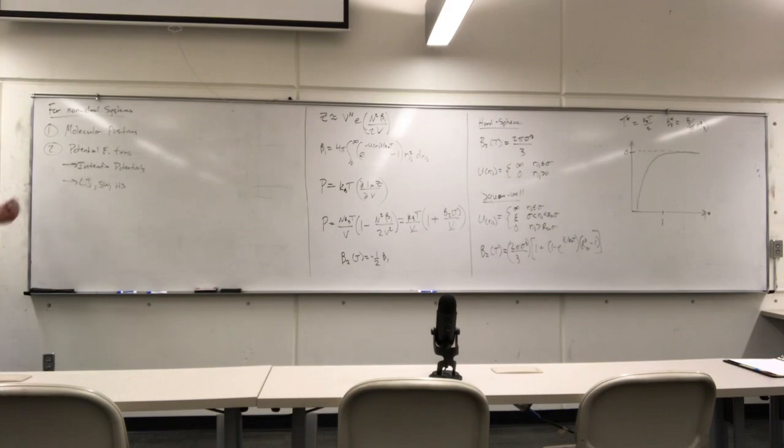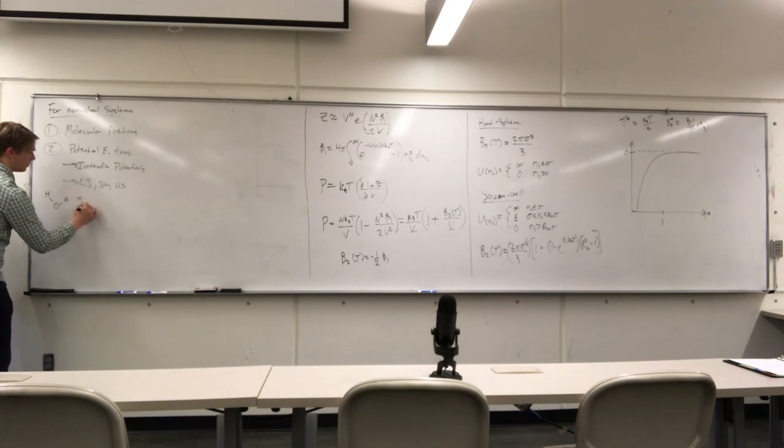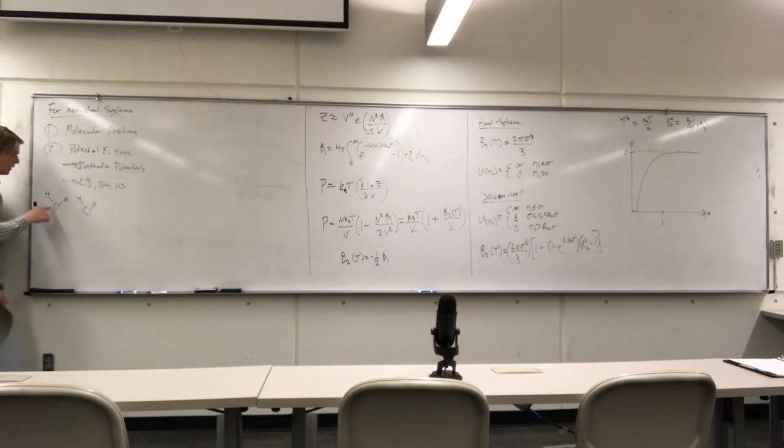So if I have water, for example, we're going to have a more electronegative region by the oxygen, and a greater electropositive region by the hydrogen.